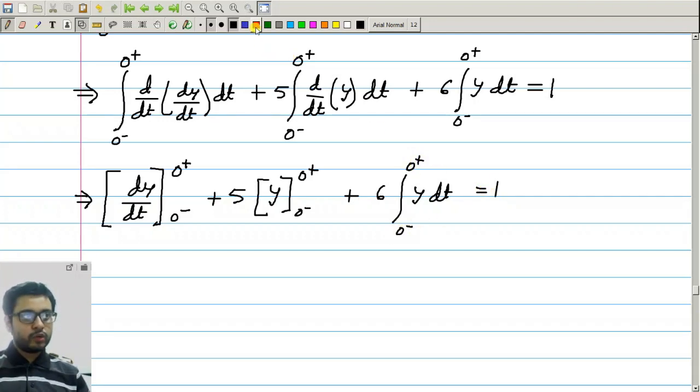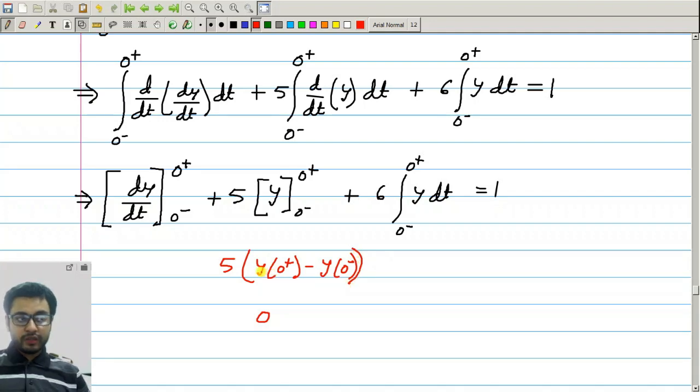Now note that this term is equal to y of 0 plus minus y of 0 minus, and that is equal to 0, because we have already said y cannot have any step jump within this small region.